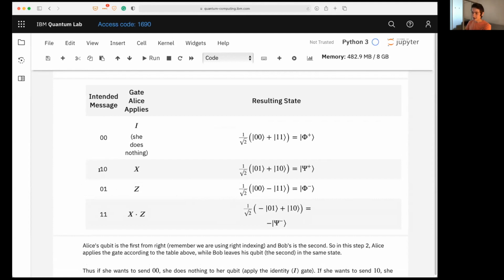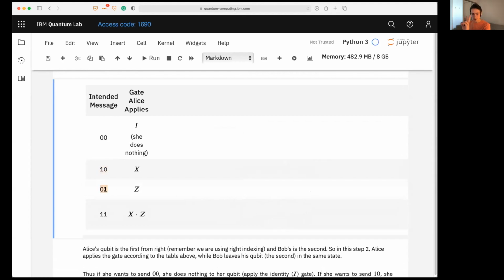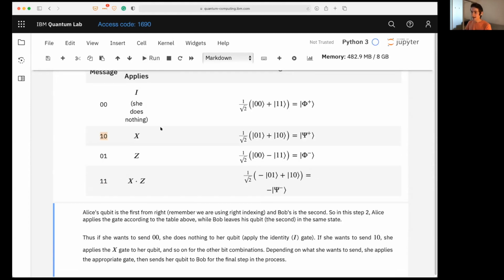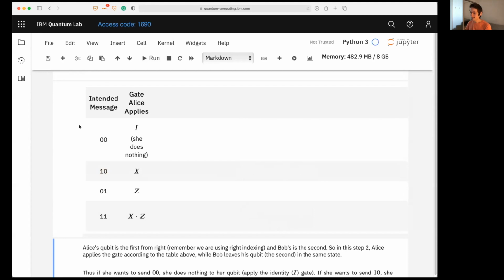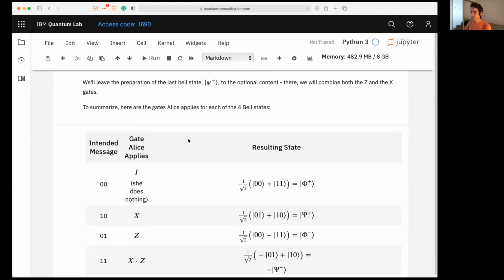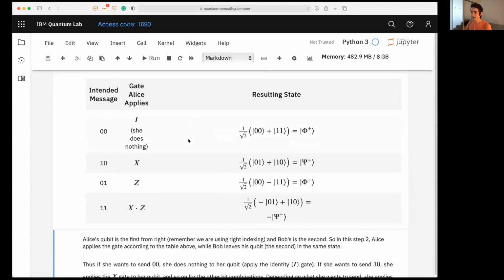The difference there is that these messages, 1, 0, and 0, 1, are swapped, right? So for 1, 0, you would have used Z, and for 0, 1, you would have used X. The algorithm is still the same, but because of that difference in indexing, you have a different convention for when you apply X or Z. The rest of the algorithm works the exact same way.